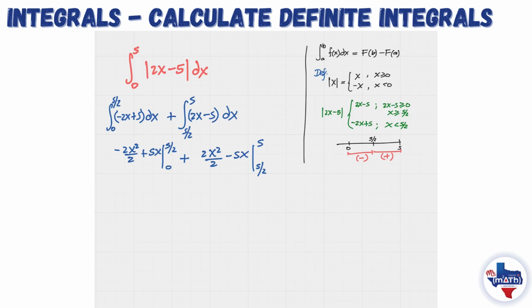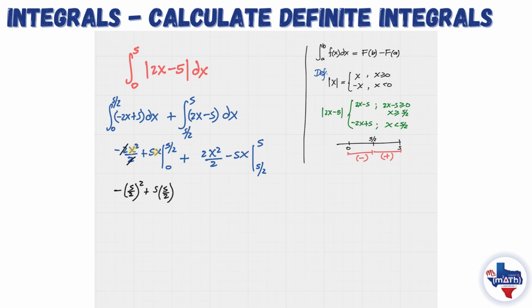In this case, we'll have negative 2 times 5 halves squared. We can simplify: the 2s cancel out and we have only x squared, so it will be negative 5 halves squared plus 5 times 5 halves, evaluated at 0.